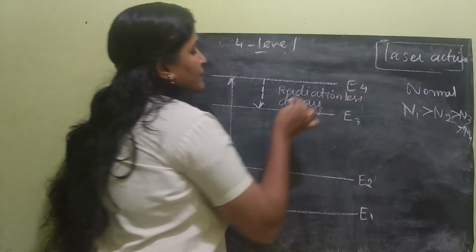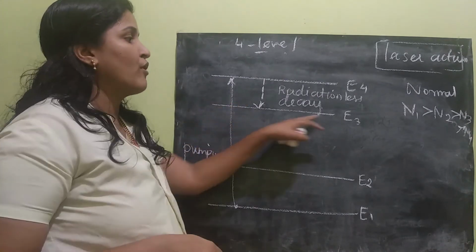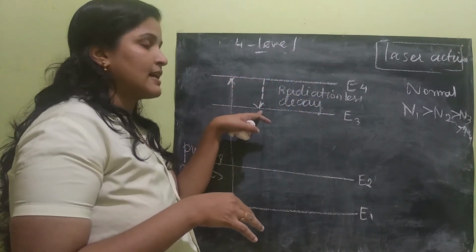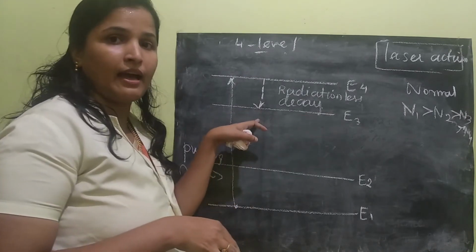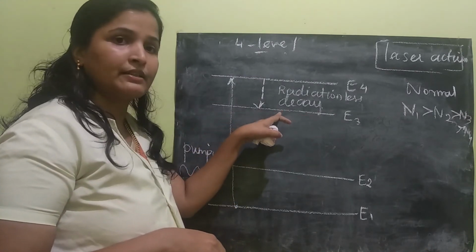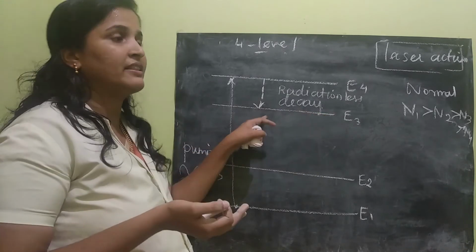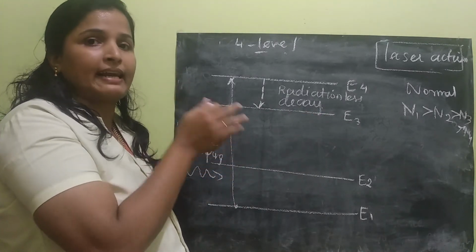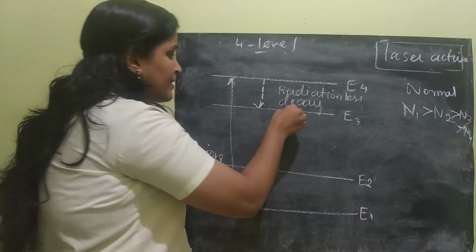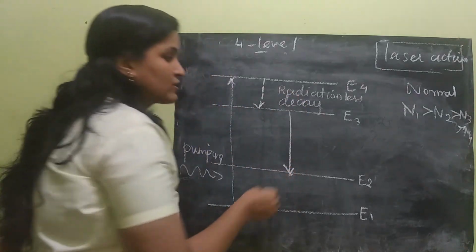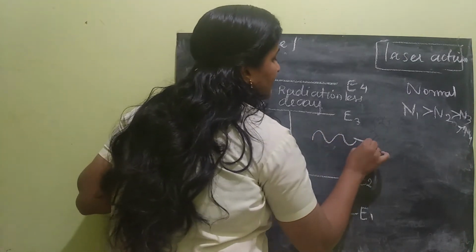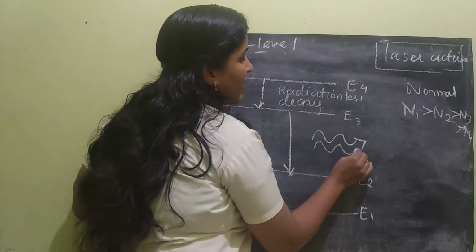Okay. So since the lifetime of E4 is very small, immediately it starts coming to E3, and the lifetime of E3 is higher. Because of that, more atoms will be collected, and after some time it will go back to the E2 level, and here it emits the radiation that is of higher intensity.